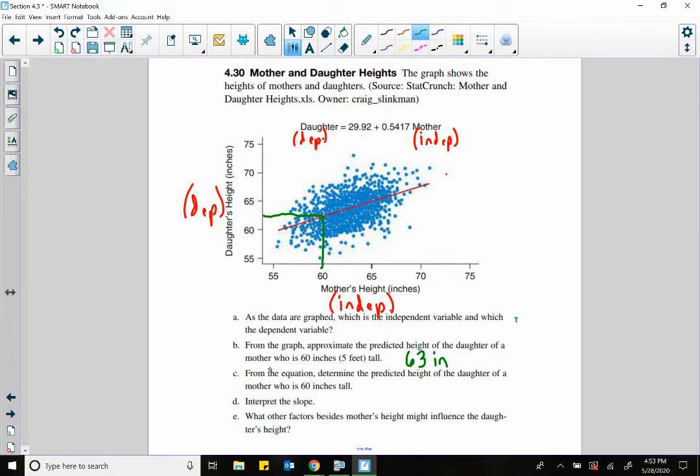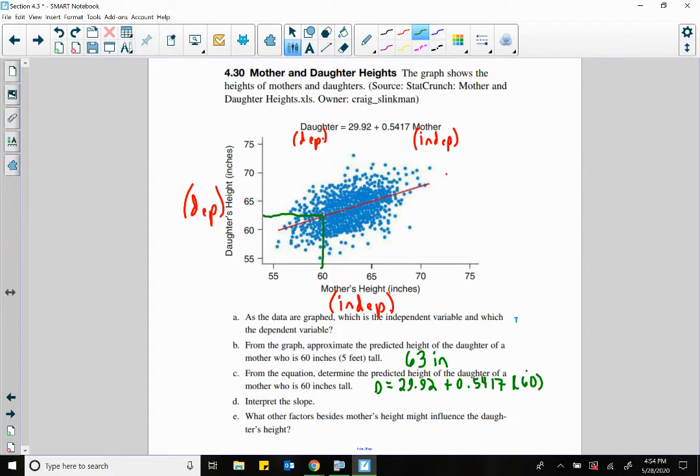And then down here, it says from the equation, determine the predicted height. So they actually want you to take the 60 now and plug it into the equation up here. Okay? So that's what part C is all about. So the daughter equals 29.92 plus 0.5417 times 60.